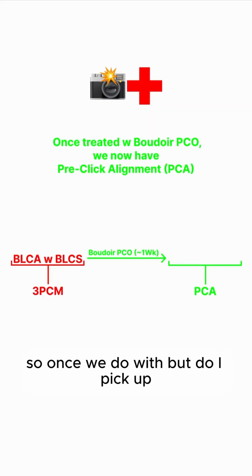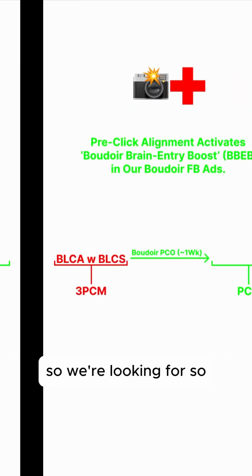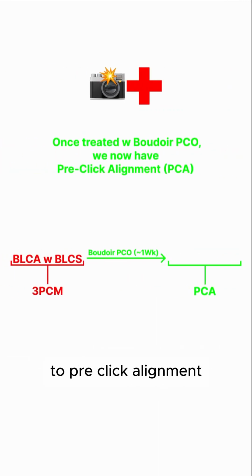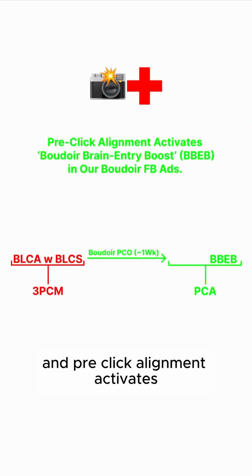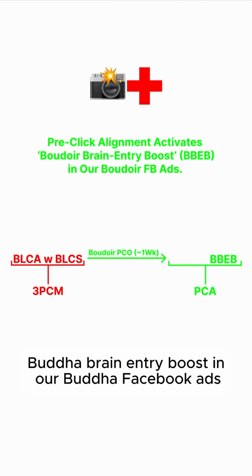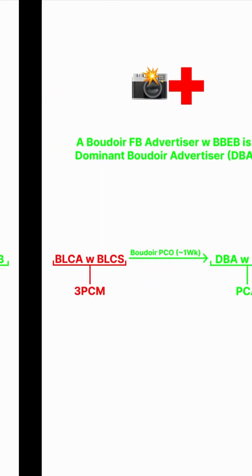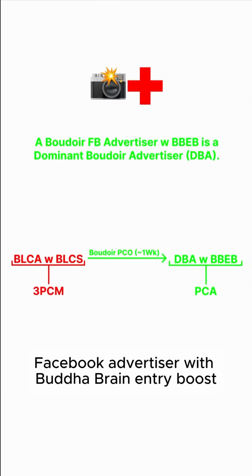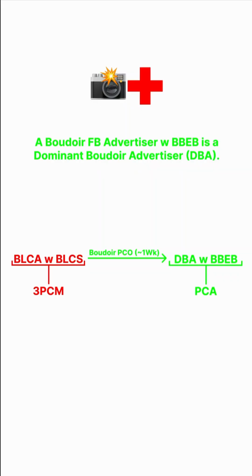So once treated with Boudoir Pico, we now have pre-click alignment, PCA. We go from the 3 pre-click mistakes to pre-click alignment. And pre-click alignment activates Boudoir brain entry boost in our Boudoir Facebook ads, aka we finally got a unique CTR above 6%. And a Boudoir Facebook advertiser with Boudoir brain entry boost is a dominant Boudoir advertiser, a DBA.